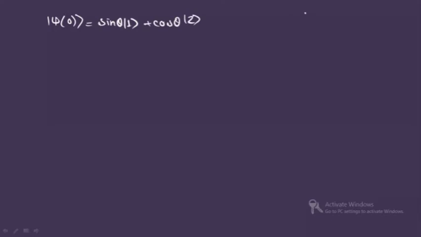Corresponding to state 1, the eigenvalue is E1, and corresponding to state 2, the eigenvalue is E2. This is what is given in the question. So we will write the time dependent state psi(t). It will be equal to sin theta. Here you will have what?